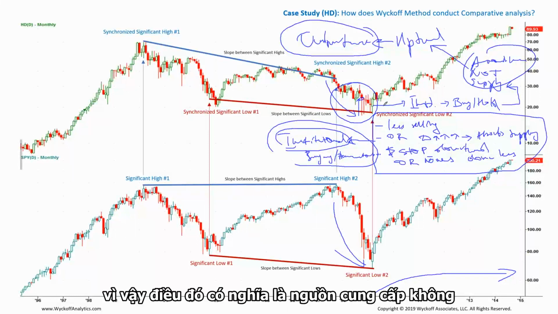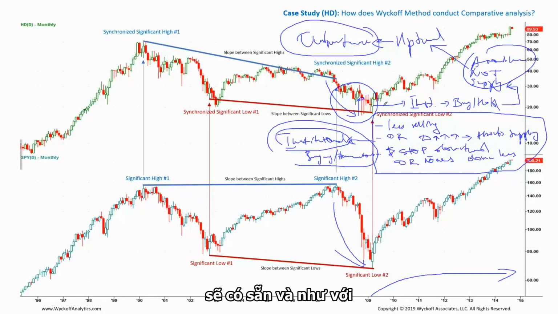So that means that the supply is not going to be available, and with the improvement of revenue flow, other institutions might be inclined to go and buy the stock, and that's going to produce more of an auction situation, where with the auction, the price will be pushed up, the price will be marked up.